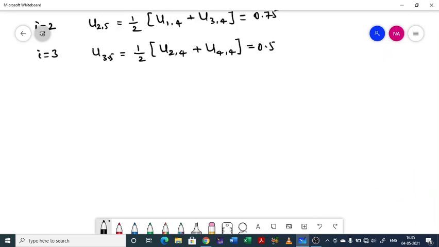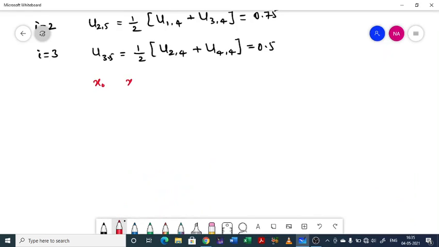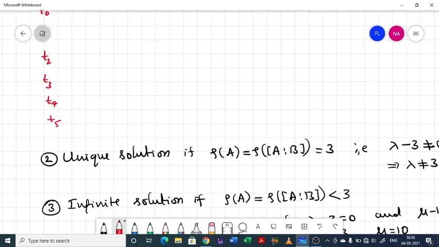As usual, here the values of x0, x1, x2, x3, x4, and here t0, t1, t2, t3, t4, t5. Second, let us erase this.